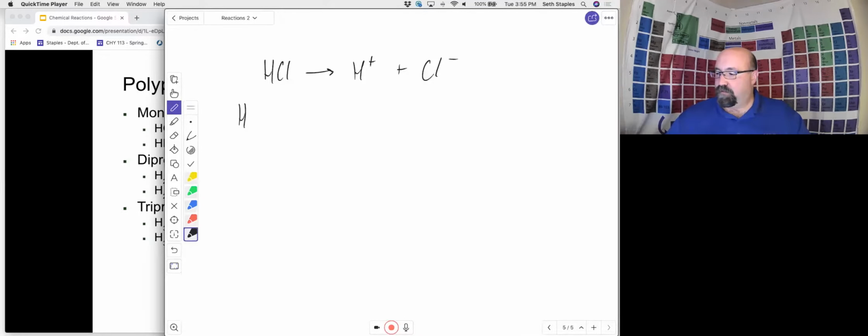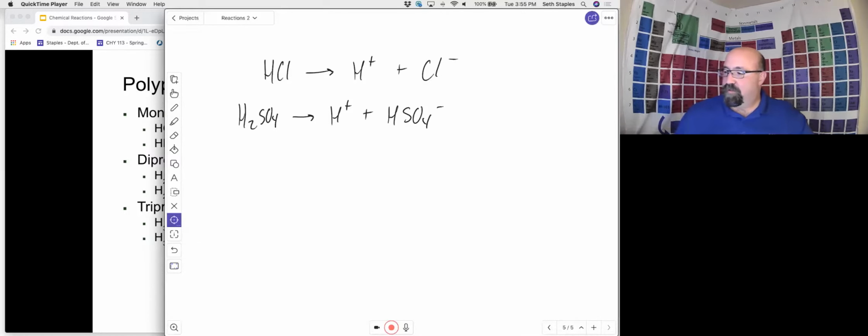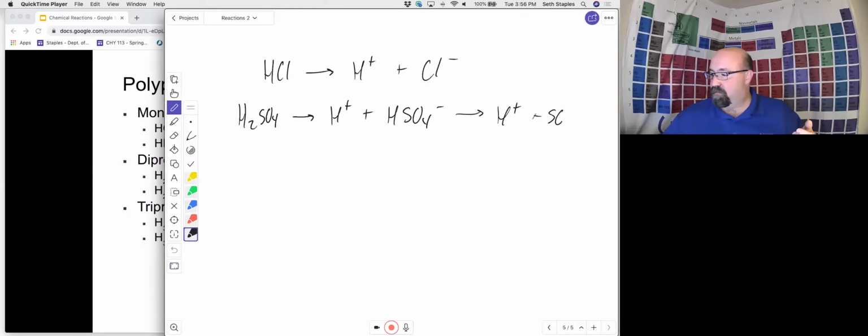Sulfuric acid, H2SO4, can split up into H plus and HSO4 minus, but look what's still available. On this HSO4 minus, we still have another hydrogen that could dissociate and split off. And so that can then split into H plus and SO4 2 minus.